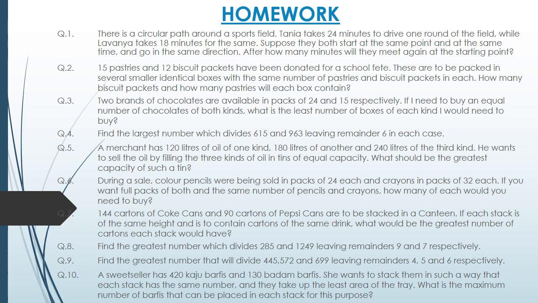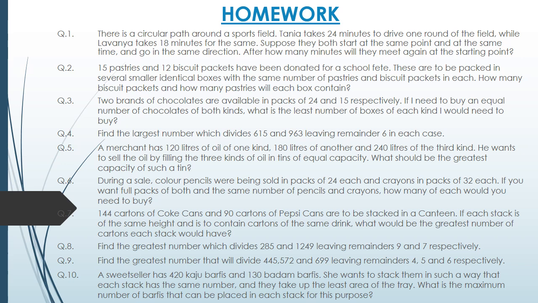After subtracting 6, the numbers will be 609 and 957. So we want to find out a number which will divide these two. A number which will divide given two numbers will be obviously smaller than these two numbers. So you will find out HCF of these two numbers. Getting it? So this is very easy to do.